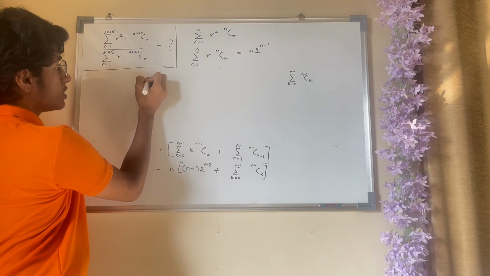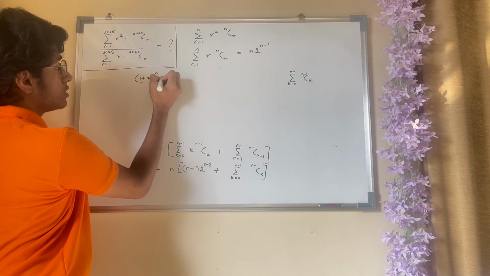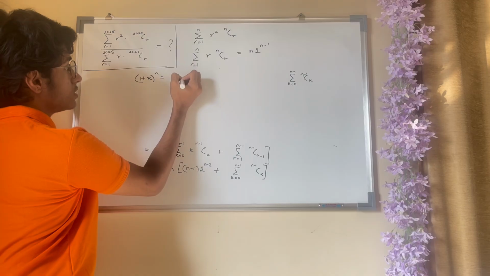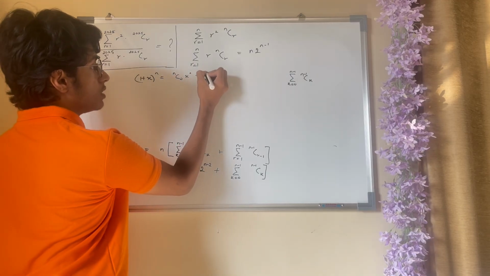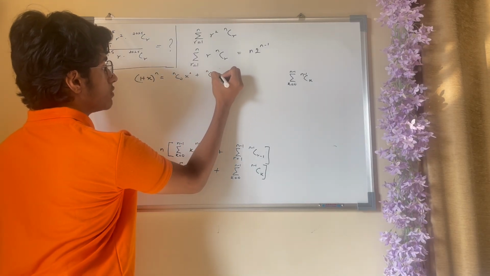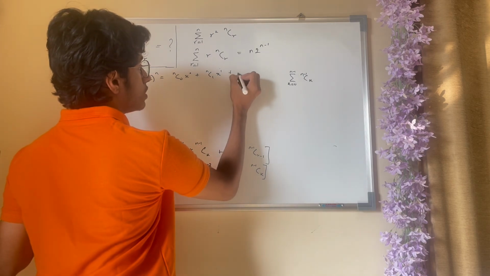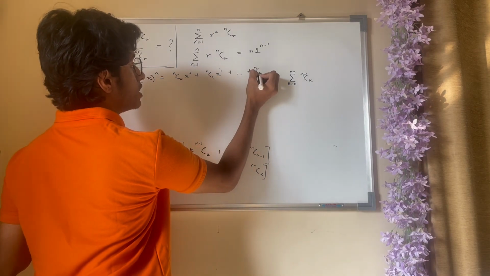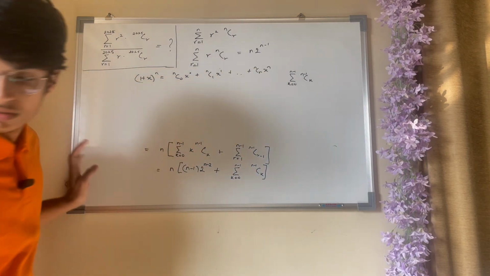We have (1 plus x) power n is equal to nC0 x power 0 plus nC1 x power 1 until nCn x power n.